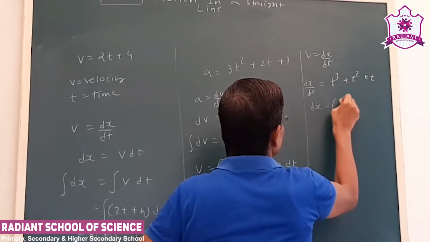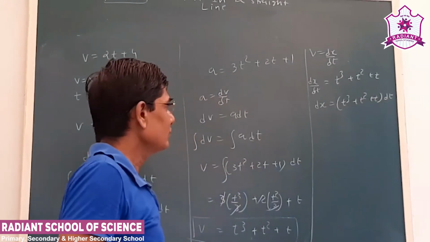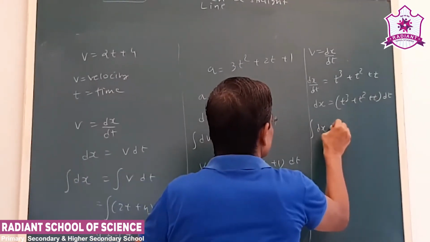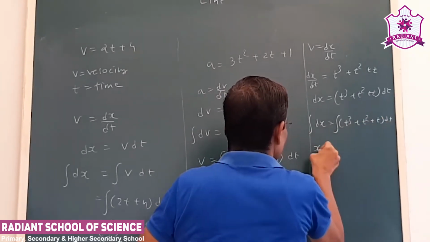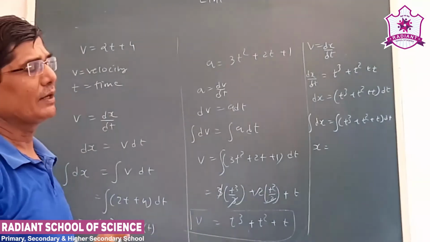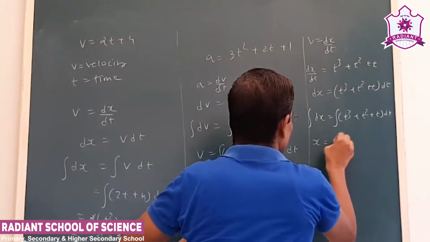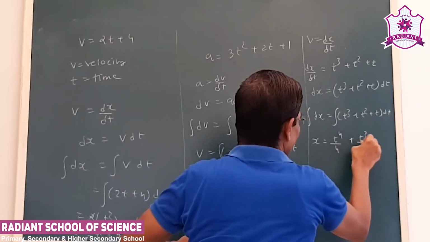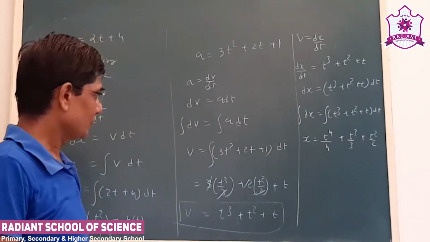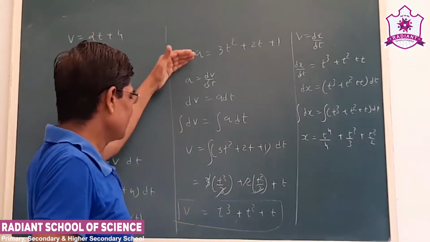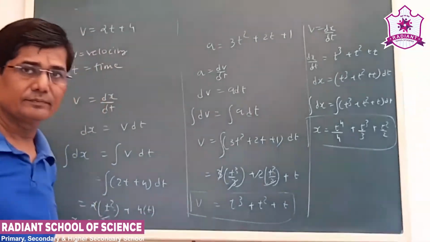So dx is equal to that. Now we take integration. We have seen earlier in integration the power goes on increasing. So it will be t raised to 4 by 4, t square will be t cube by 3, t will be t square by 2. This is how, by taking the help of integration, from acceleration we can find out the velocity, and from velocity we can find out displacement.